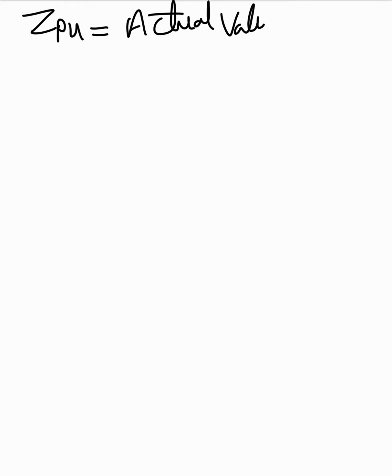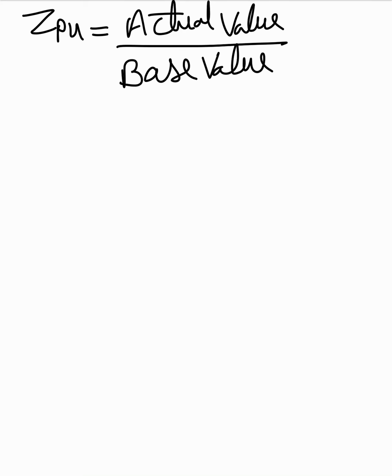So Z per unit is equal to actual value upon base value. So we can write like this, Z upon ZB. In many of the PSU exams they ask about the per unit value of Z. So it is the ratio of actual value upon base value. So you can remember that.